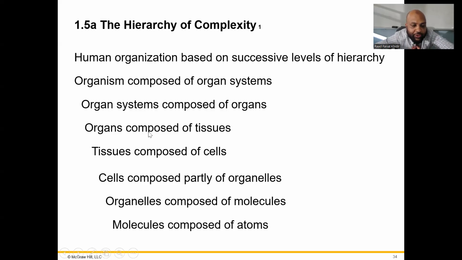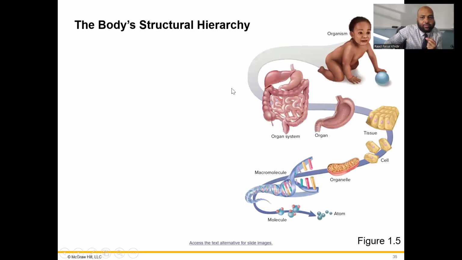On top of the tissues, we have organs composed of tissues. Then we have organ systems composed of organs. And then we have organism composed of organ systems. And then we have human organization based on successive levels of hierarchy.